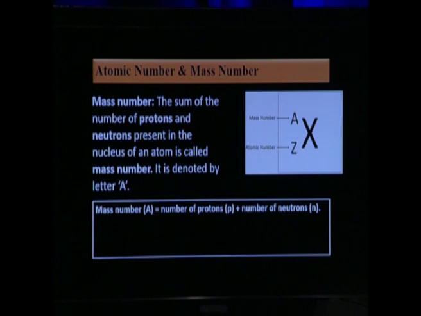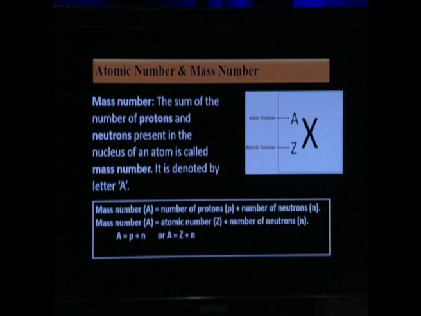We cannot add number of electron and proton, but you can add number of protons and number of neutrons. Atomic number plus number of neutron. So, mass number can be written as atomic number plus number of neutrons. So, A is equal to P plus N, or A is equal to Z plus N.